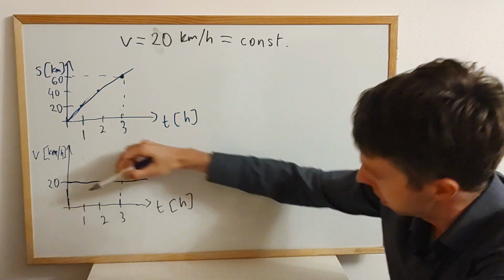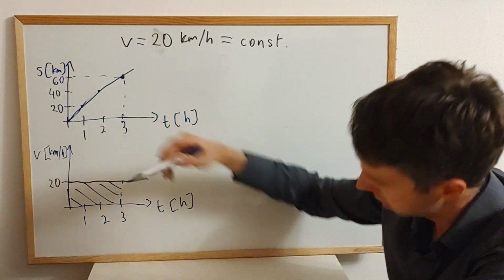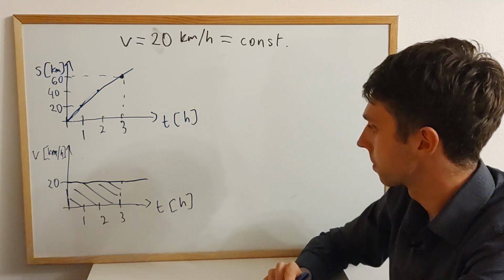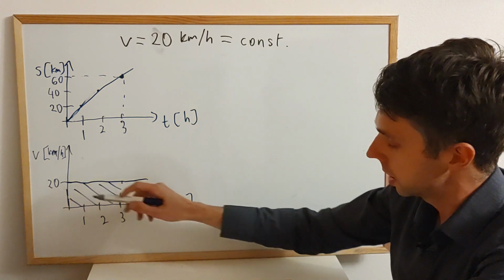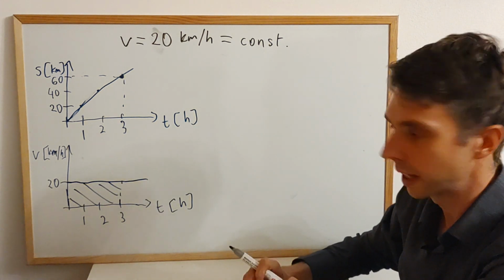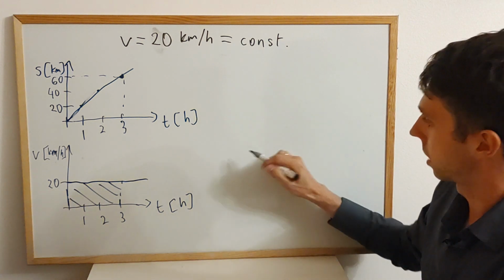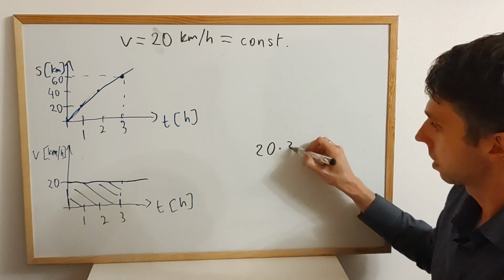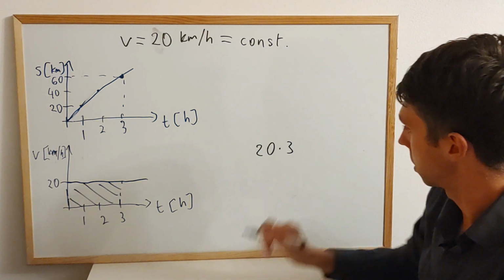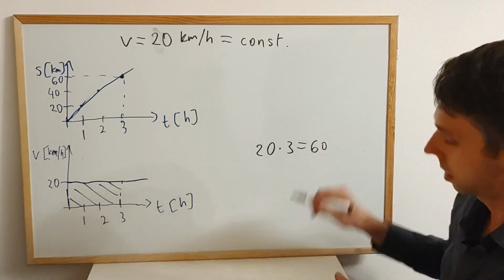And look, I obtain a rectangle, and if I calculate the area of this rectangle, it is 20 times 3, of course, so it's 60.